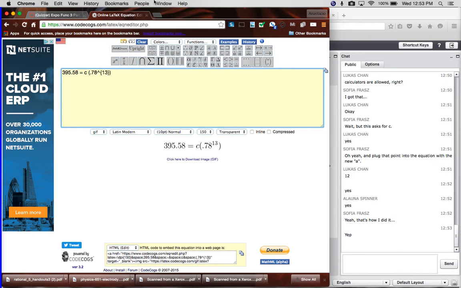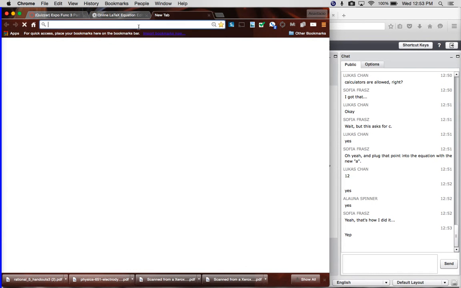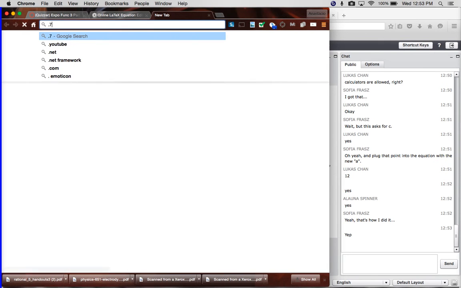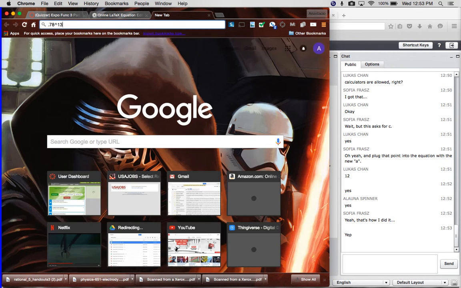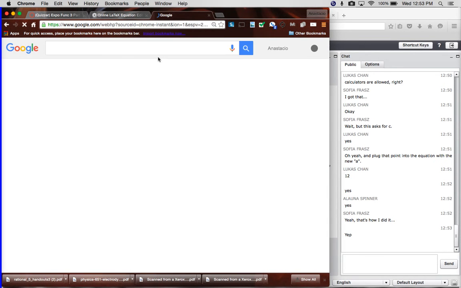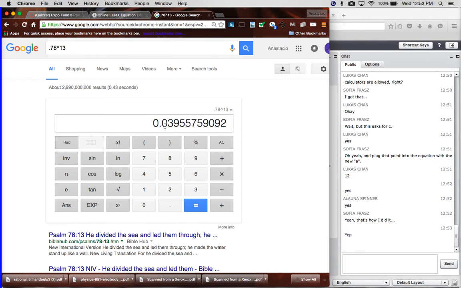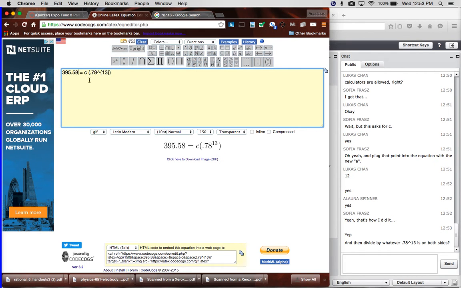So, maybe just on the side, what is 0.78 to the 13th power? It's going to be a small number. It's going to be 0.039557. Yes, you divide both sides, but I think I'm just going to do this.